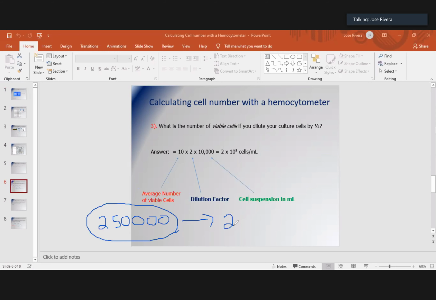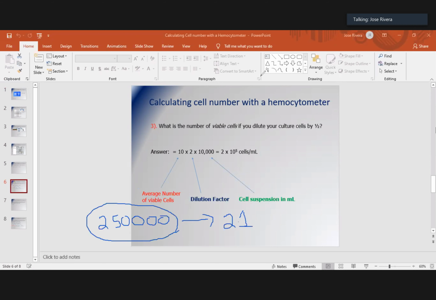In this case, you don't have to round up. Even if you had 2.1, you report it as 2.1 because you're basically saying it's 210,000, right?